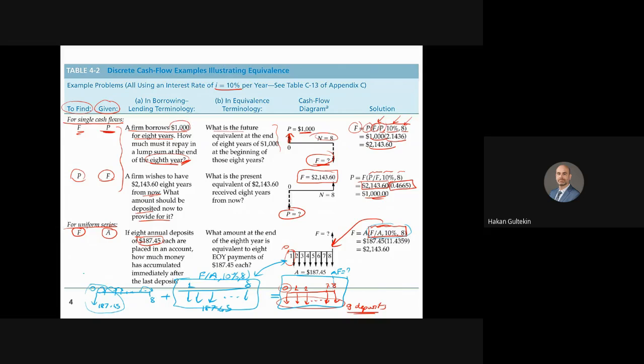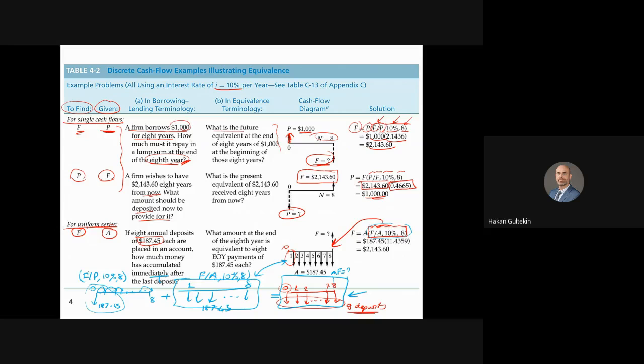And how do I do it? This time I need to use F given P, 10% and 8. So if I add up these 2 values, I can find the cash flow for this one.